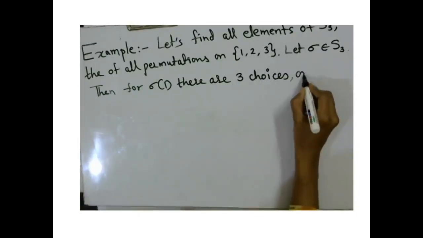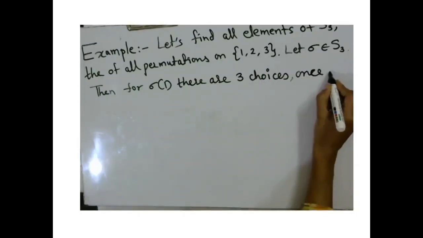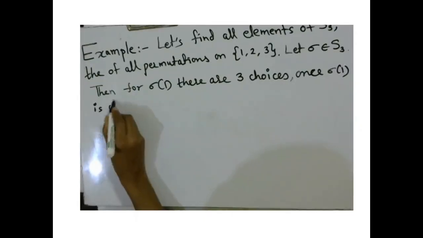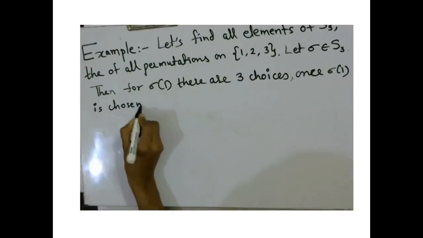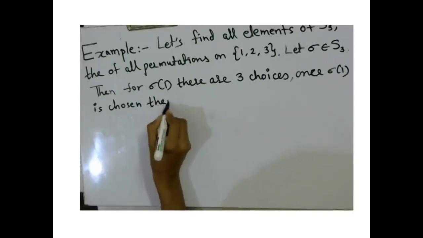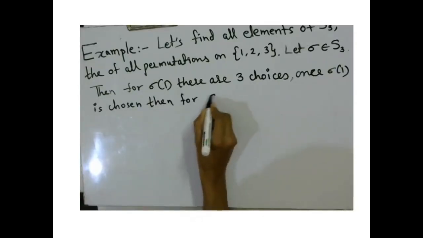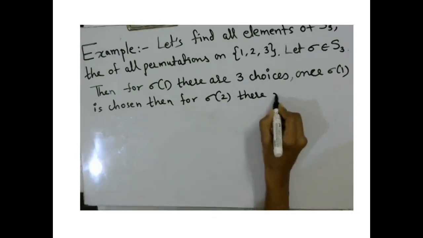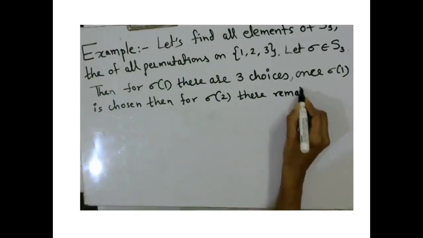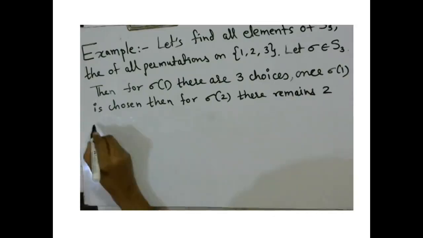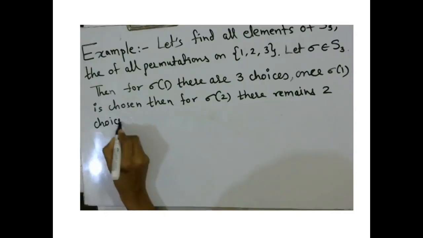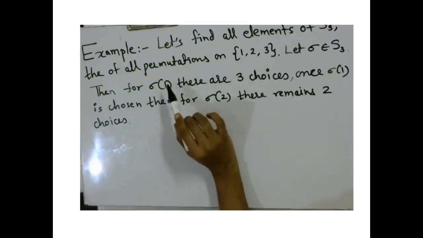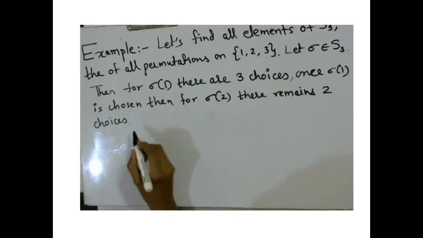Once sigma of 1 is chosen, then for sigma of 2 there remain only two choices, except the element which is chosen for sigma of 1; you can choose from the remaining two.